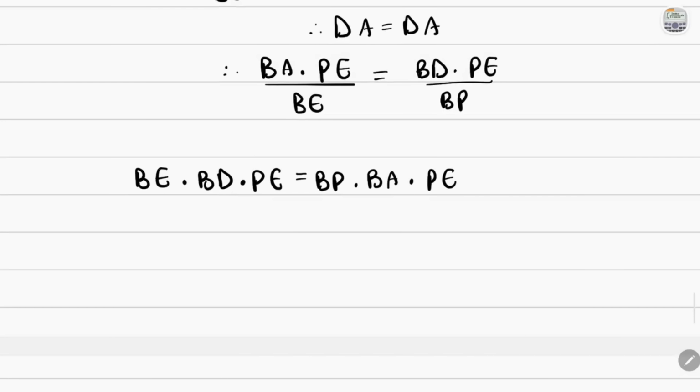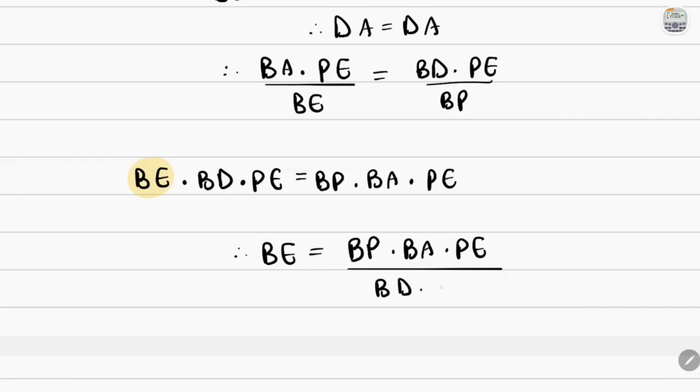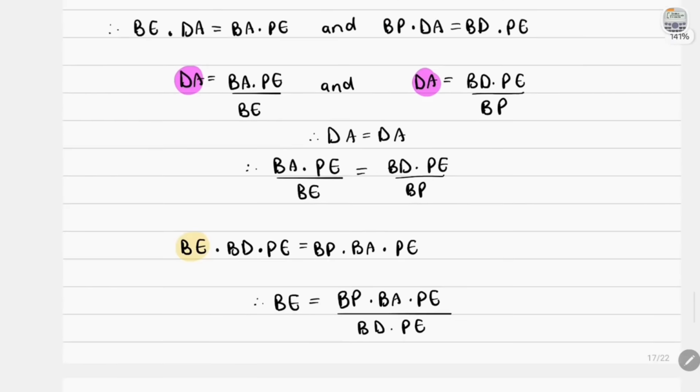And then we could just make BE the subject. So if you make that the subject, then the equation we end up with is BE equals BP times BA times PE over BD times PE. See how this doesn't work out?